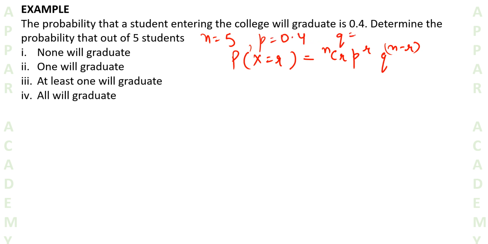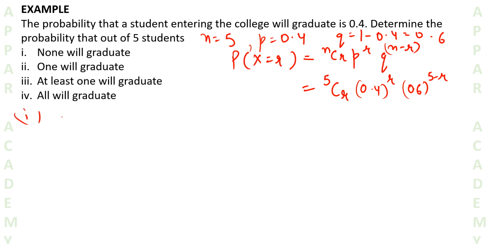So what is the q? This is equal to 1 minus 0.4, which is equal to 0.6. So from here we can say this is simply 5Cr, 0.4 to the power r, and q is 0.6 to the power 5 minus r, right?